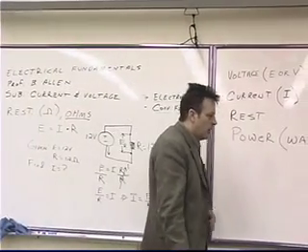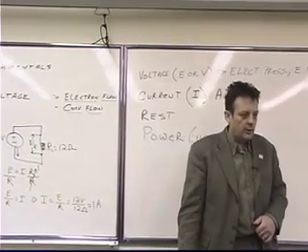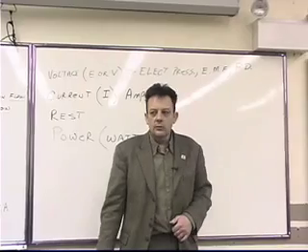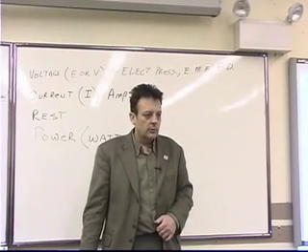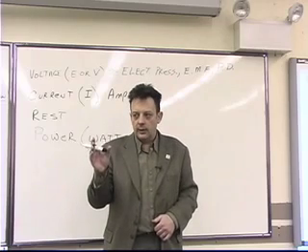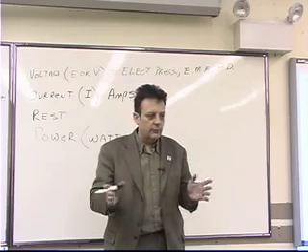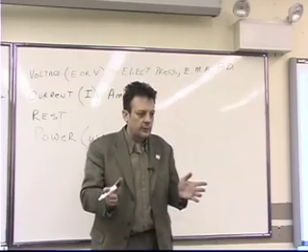Well, if we were talking about units per unit time, what unit per unit time would we be talking about? Joules per second. That may be something that you heard in high school physics, and you'll read it in your textbook.